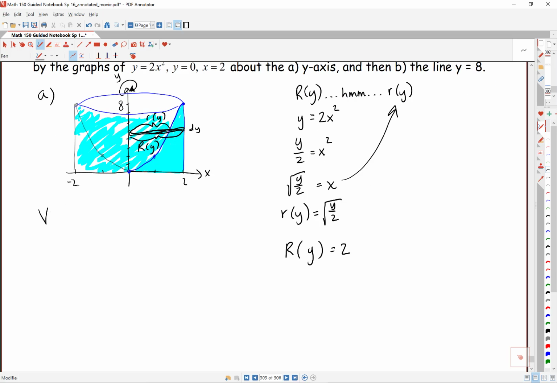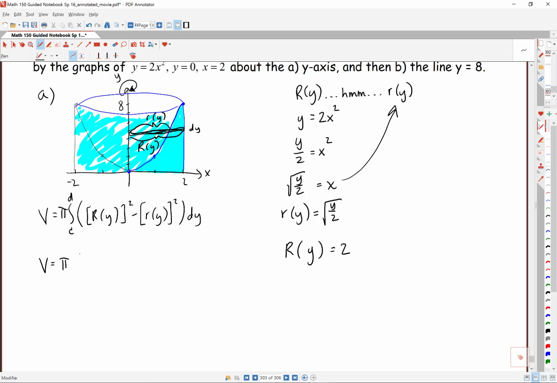So now we'll do our volume. So the volume in general is the integral from c to d this time because it's about y. And then you have your pi, and then we have our capital R at y squared minus little r at y squared, all with respect to y. So in this case, we'll have our volume equals pi. Now y is going from where to where?